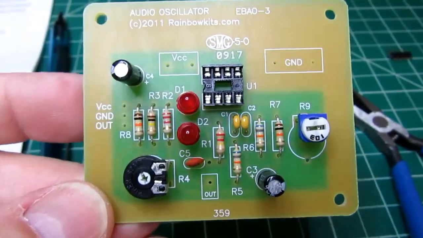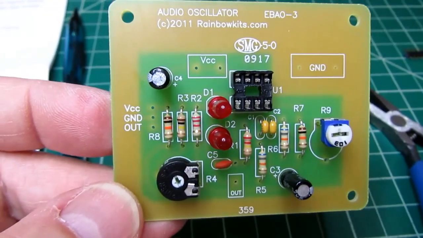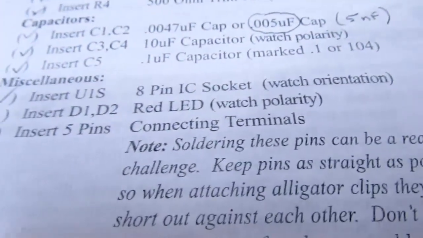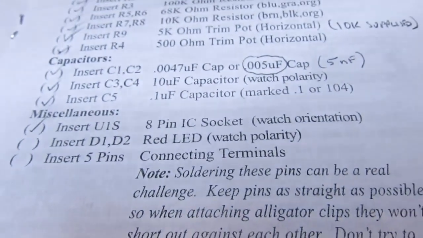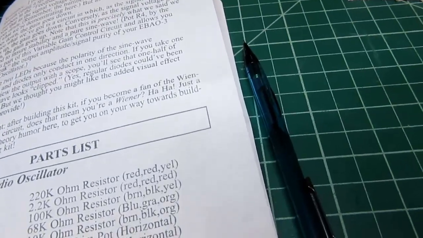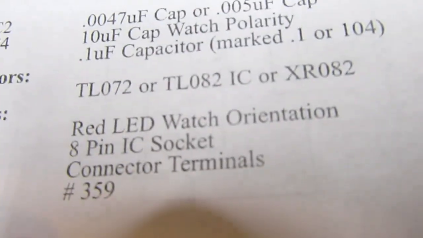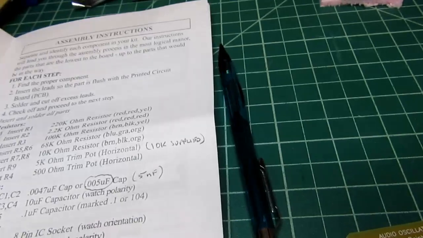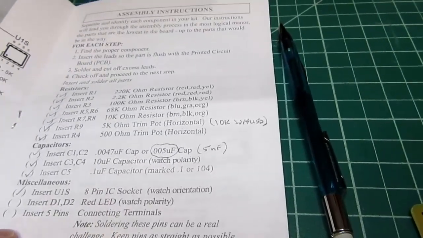And the two LEDs. It should be noted here that even though it says watch polarity on the red LEDs, it does nothing to tell you how to watch the polarity, and it restates it, watch orientation, on the parts list, but it doesn't say anything in the instructions about how.